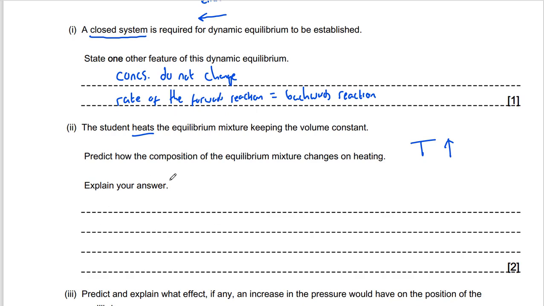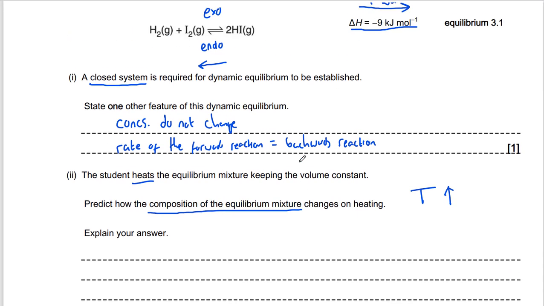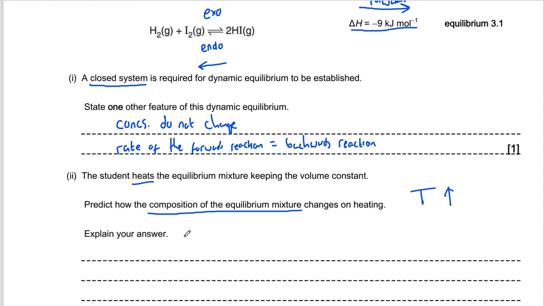So for 2 marks, it says predict how the composition of equilibrium mixture changes. If it says composition of equilibrium mixture, or something to that effect, you have to talk about the quantities. So what I mean by that is, we're saying it's going to shift to the left-hand side. What that means is more H2 and I2, less HI. That's the composition, that's how it's going to change.